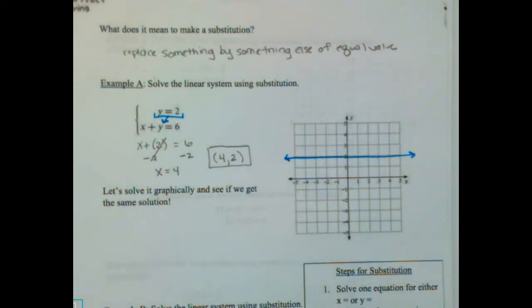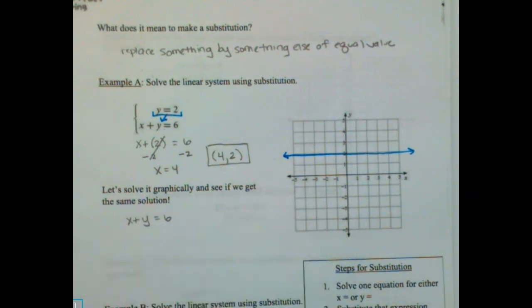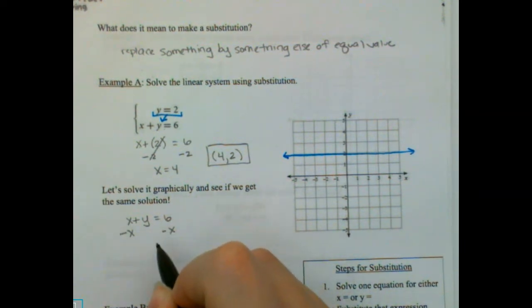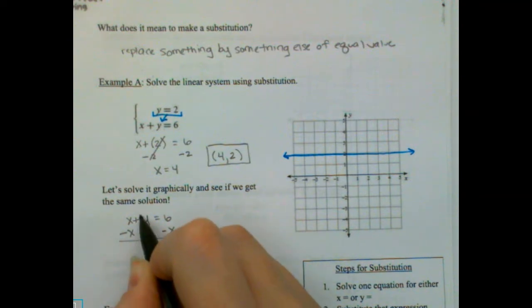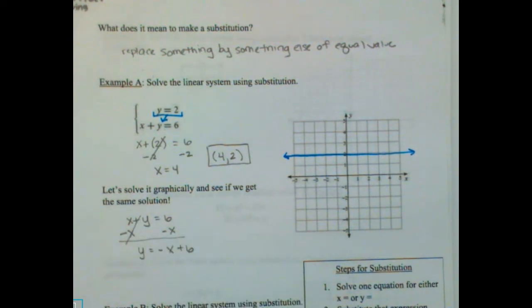That's just y equals 2. We've done a lot of those. This other equation I'm going to rewrite, the x plus y equals 6, because to graph this, I need to get it into y equals mx plus b. So I'm going to subtract the x on both sides, and I get y equals negative x plus 6.